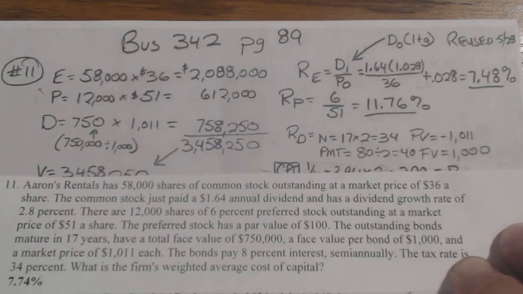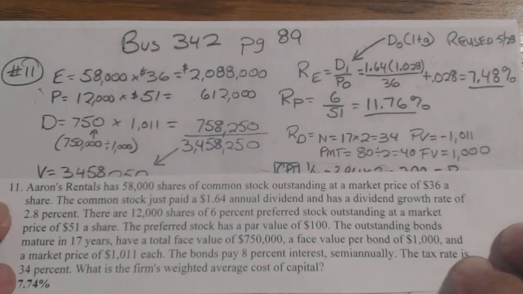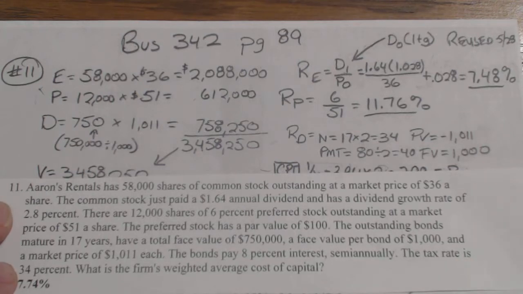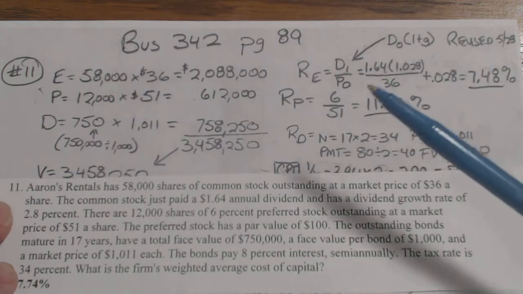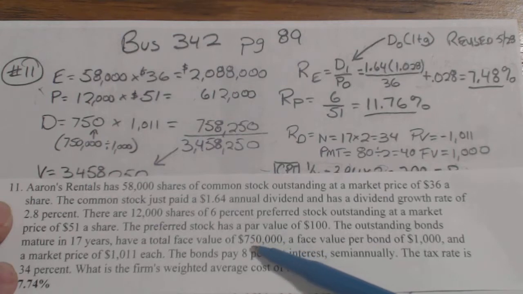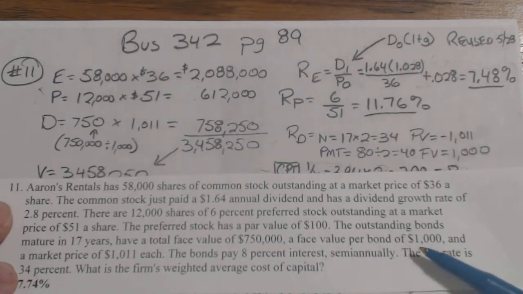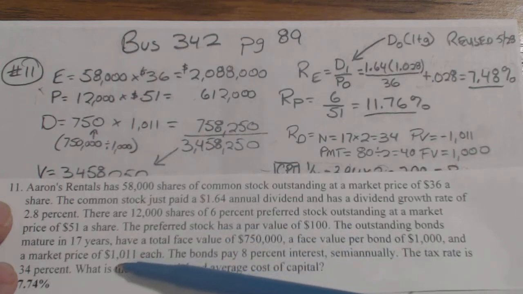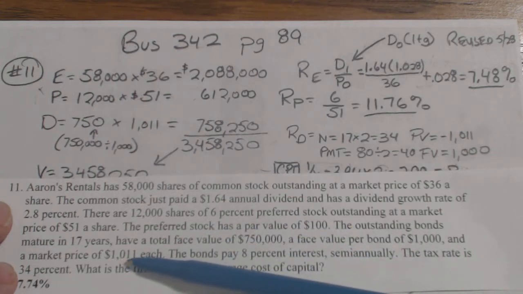Okay, the outstanding bonds mature in 17 years and have a total face value of $750,000. So that tells you that there are 750 bonds out there with a face value of $1,000 apiece and a market price of $1,011.